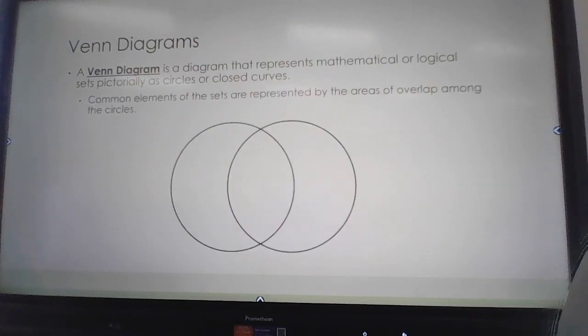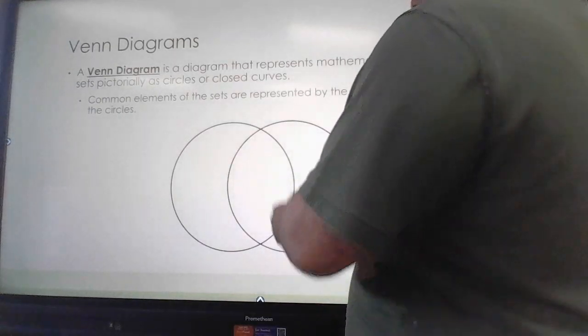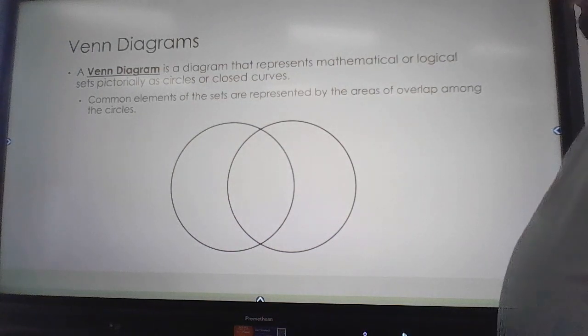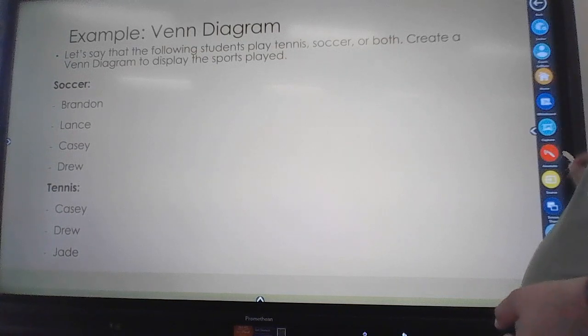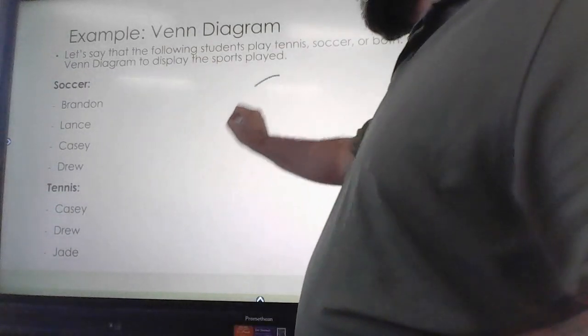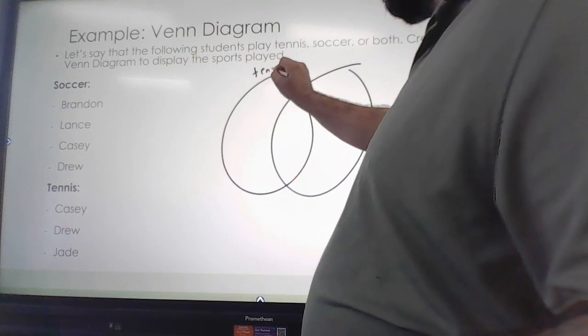Now, last thing I want to talk about is Venn diagrams. We all know how Venn diagrams work. You have two sets. The middle is where both sets have in common. Everything outside of that is where they don't have in common. So for example, if I were to create a Venn diagram of people who play tennis and soccer, we'll have one circle here, one circle here. This will be tennis.